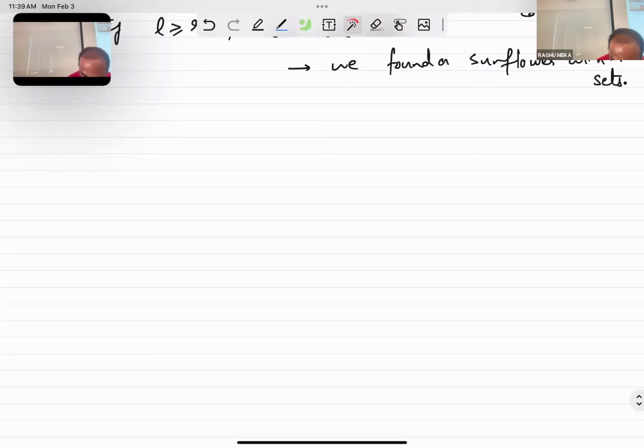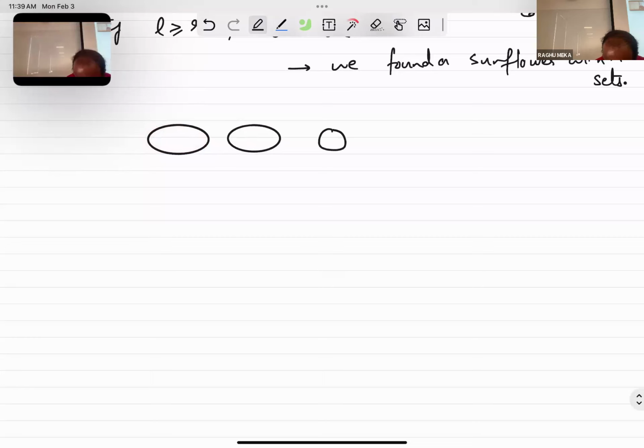Okay. So far what do we have? The Venn diagram looks like this. I have S1, maybe S2, S3, up to SL. L is less than or equal to R minus 1. That's what we know. And each of these has less than or equal to K elements.